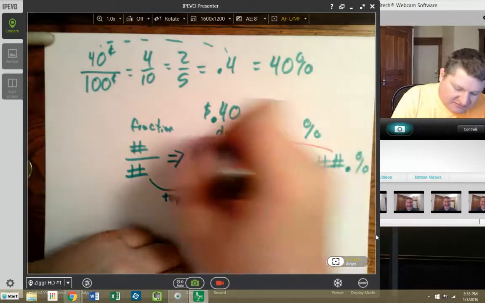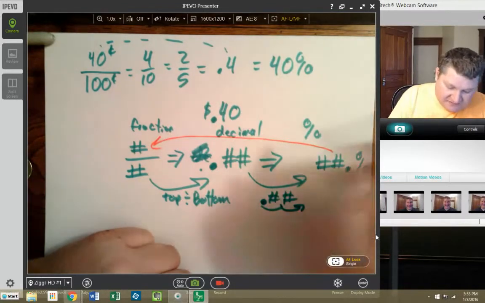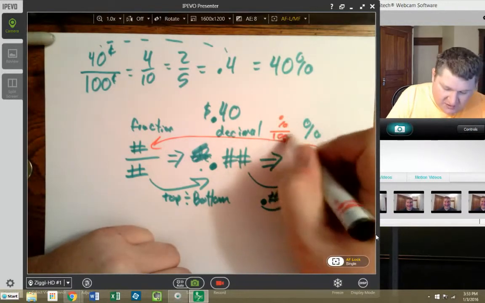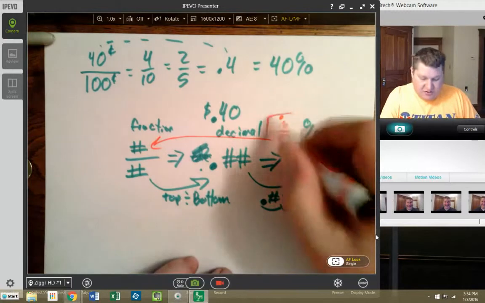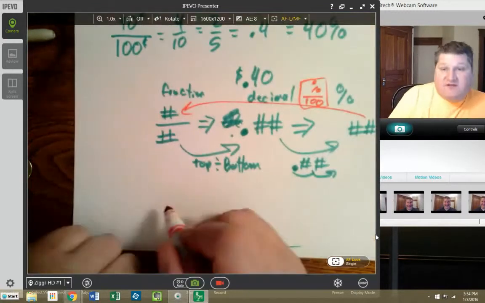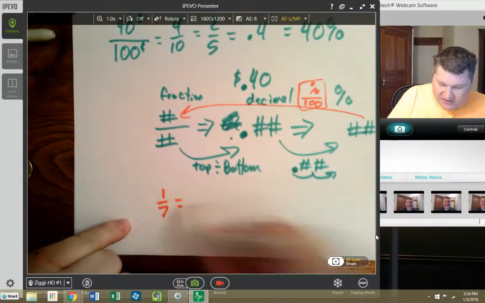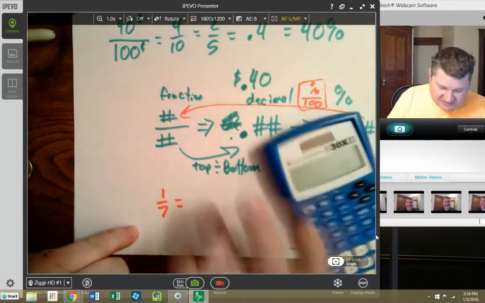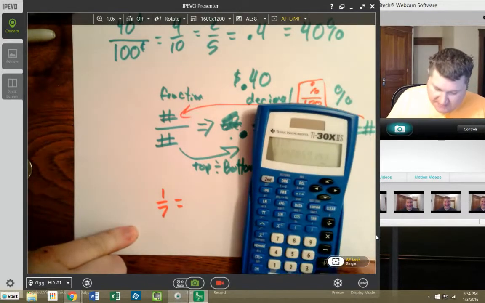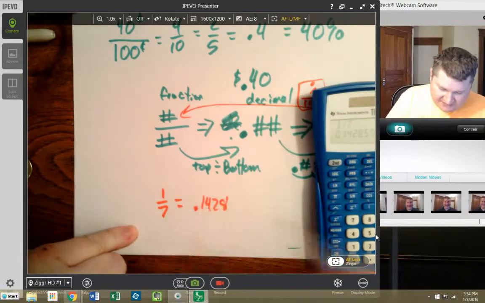To get from a percentage all the way back to a fraction, all you need to do is take your percentage and divide it by 100. So a percentage divided by 100 gives you this. So if I have 1/7, to change it to a decimal, I take top divided by bottom, 1 divided by 7, and I get 0.1428.